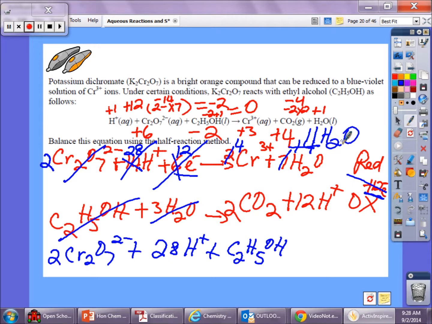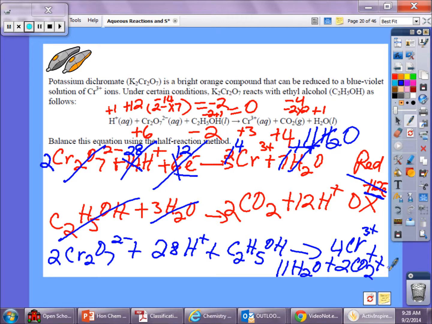Okay, let's see. And then product side, I have 4 Cr 3 plus, cannot read my handwriting, 11 water plus 11 water plus, okay, I already used the water here, 2 CO2 plus 12 H+, but I can reduce my H+.